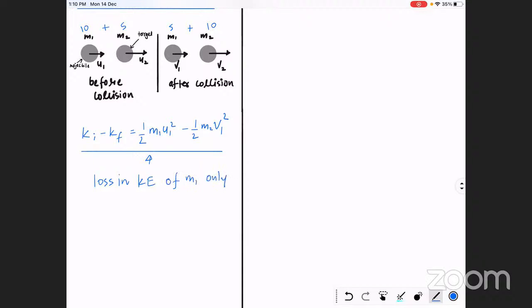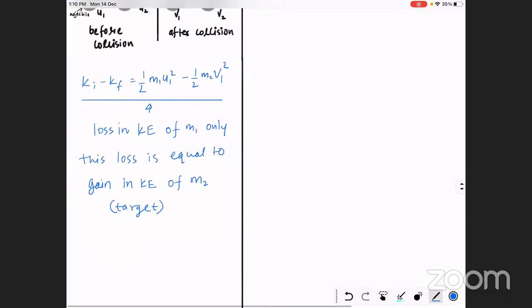Of M1. So where did this kinetic energy go? To M2. This loss is equal to gain in kinetic energy of m2, that is target.